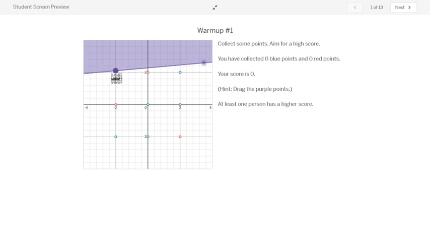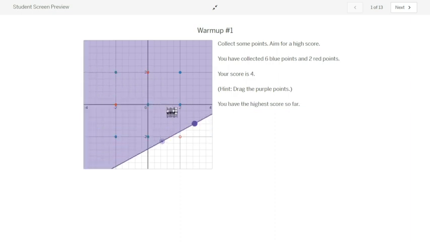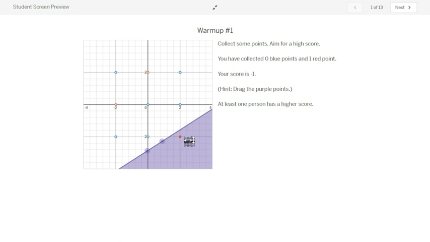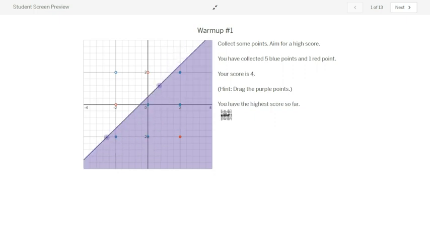But what happens if I include a blue point? My score goes up. What if I include just a red point? It goes down. So my red points are worth -1 and my blue points are worth +1. How many points can you get? 4 is, I think, the most you can get.